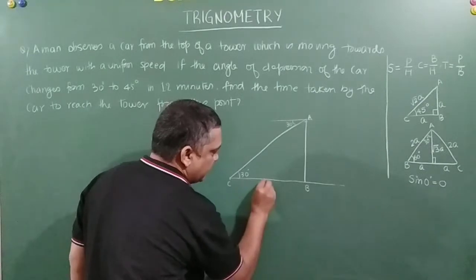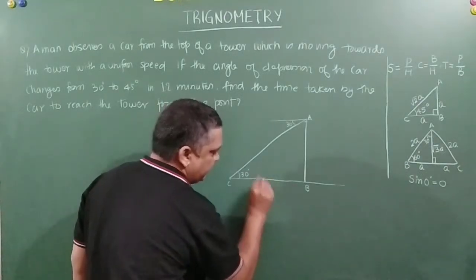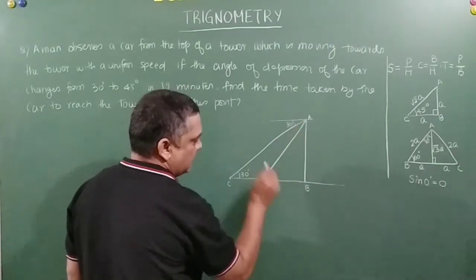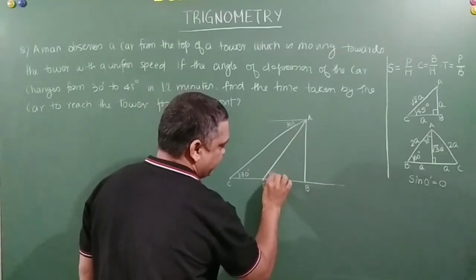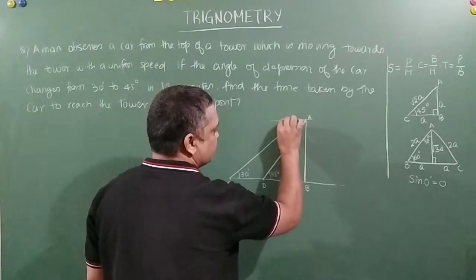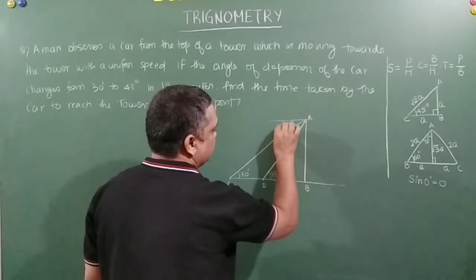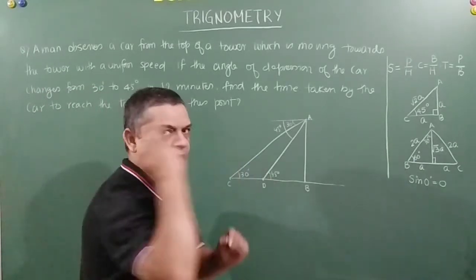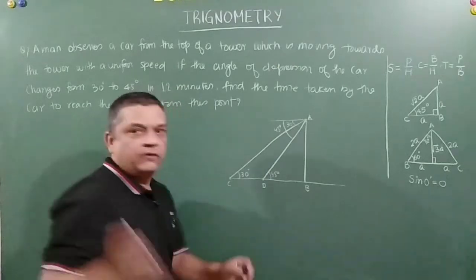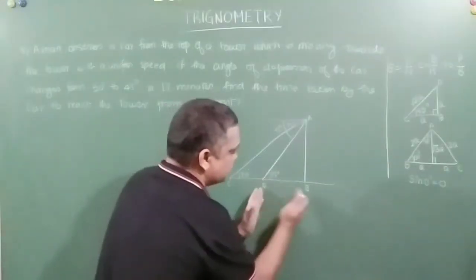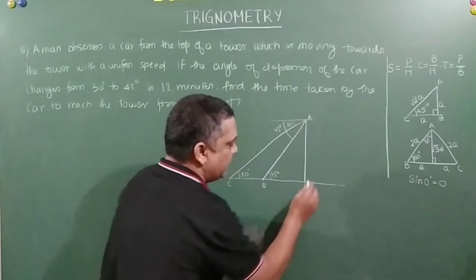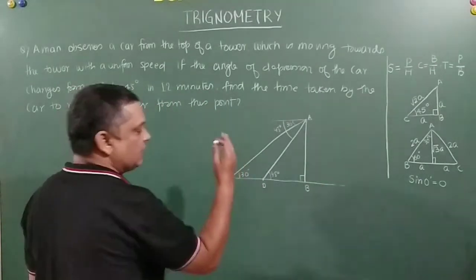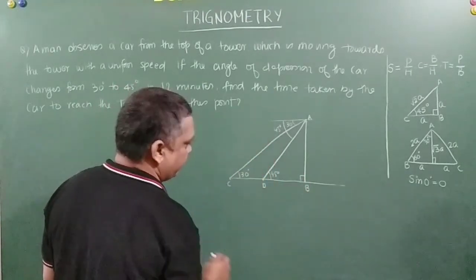Let us say this is a new point D. The car has moved up to here in 12 minutes and this has become 45 degrees. So this distance it has traveled in 12 minutes. Now we are supposed to find out in how much time will it reach the tower, right friends?